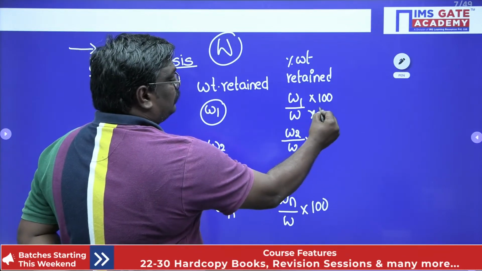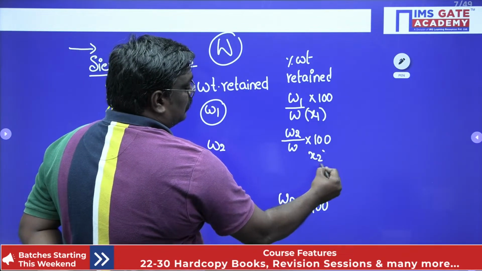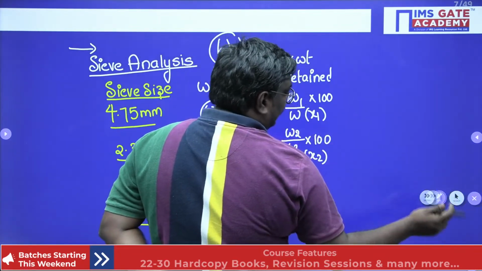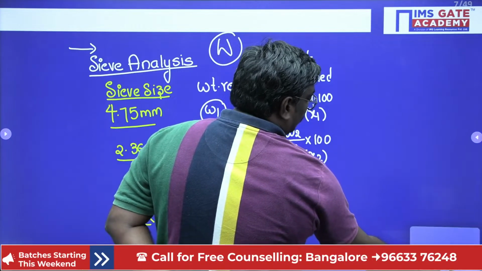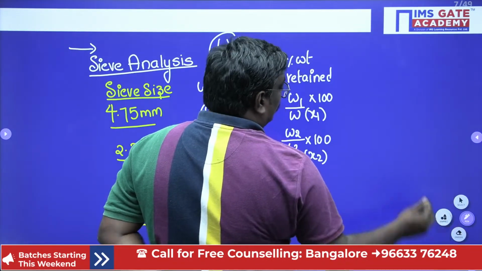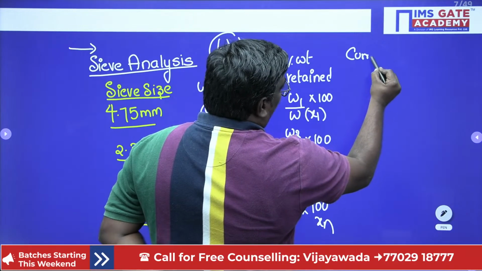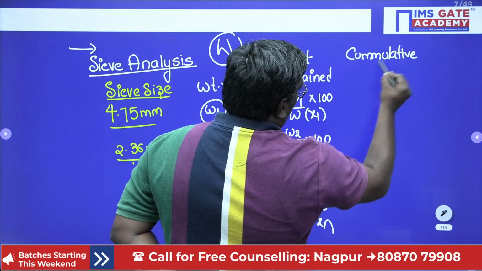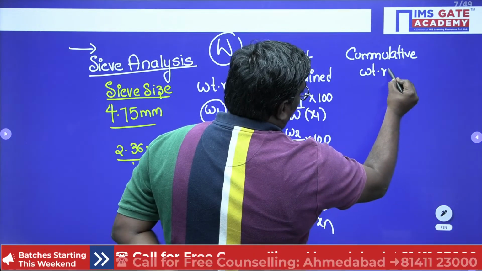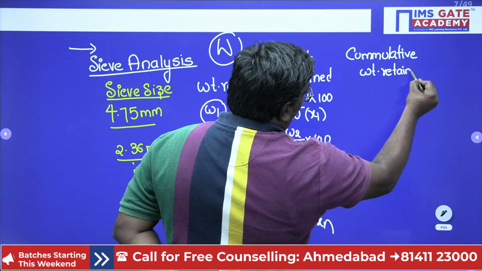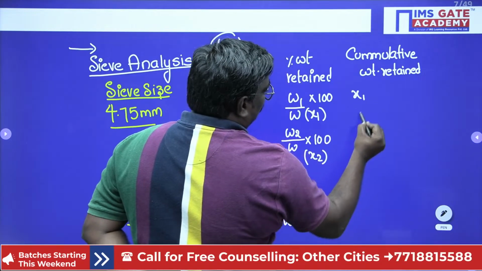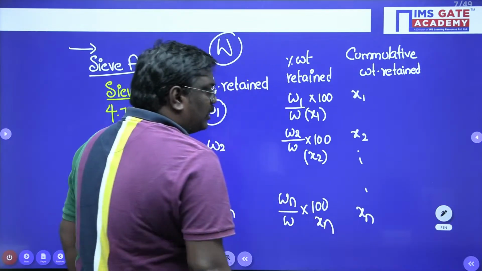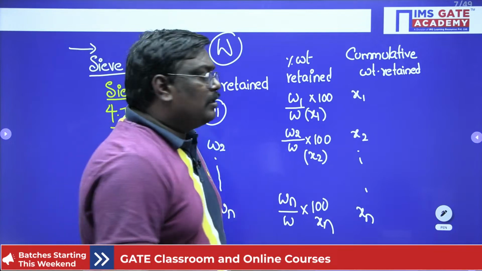So my dear students, let us assume the percentage weight retained on each sieve as x1, x2 and xn. Here you have to calculate the cumulative weight retained. When I talk about the cumulative weight retained, it is nothing but the sum of the weights retained, given by x1, x2, and so on up to xn.